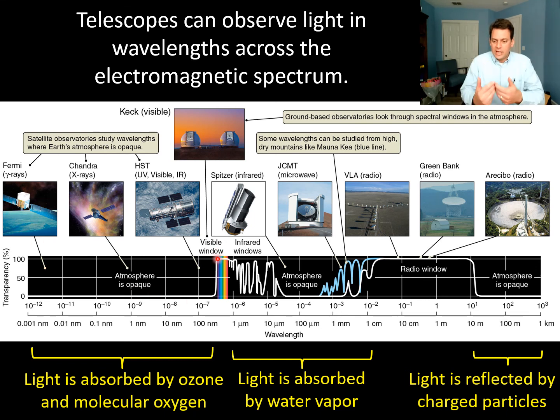Visible light gets through the atmosphere. That's why it's visible. If it didn't, then it wouldn't be. But you can see there's wiggles here. There are some wavelengths where the atmosphere is basically transparent, and then there are nearby wavelengths where it is basically opaque. This is entirely dependent upon the electronic structure, the energy levels of the molecules in the atmosphere.